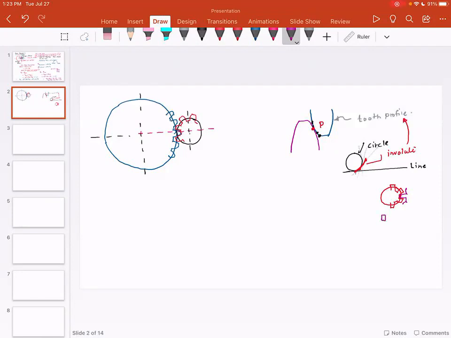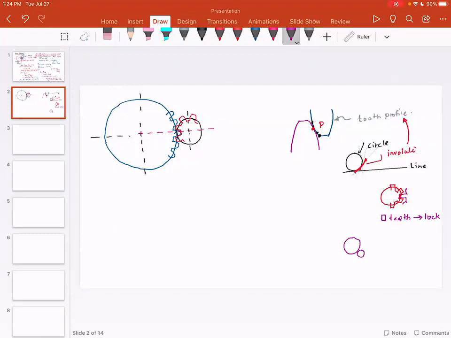So rectangular teeth will lock. They will not roll smoothly on the surface, because for rolling, this involute is needed. There is a particular profile that can achieve smooth rolling, and for that you need this profile.